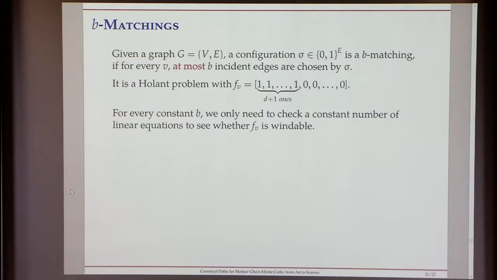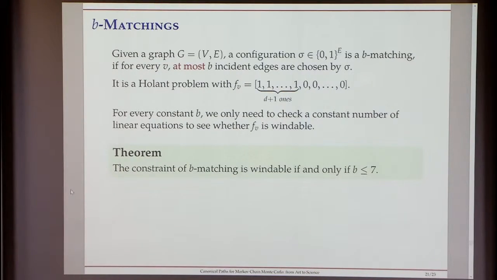So we can apply our theorem to check for what b this problem is windable. For every constant b, the pinning of this function only has a constant number of possibilities.